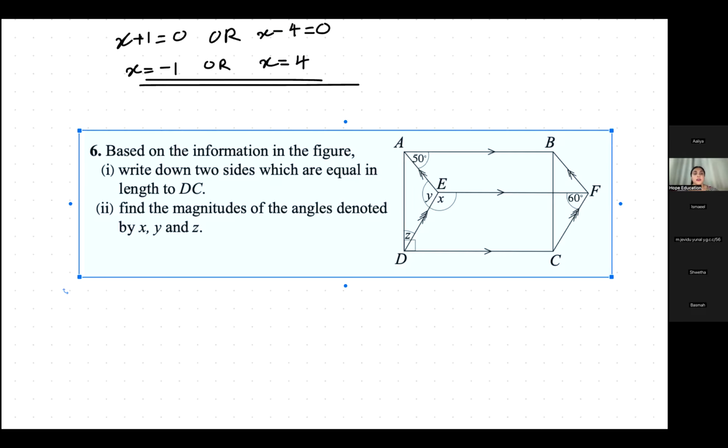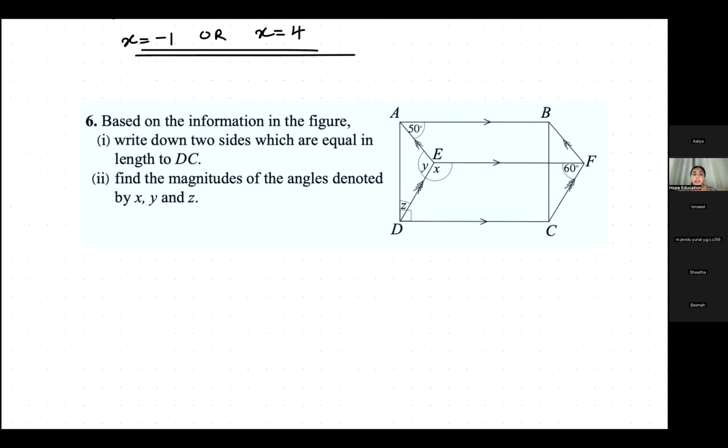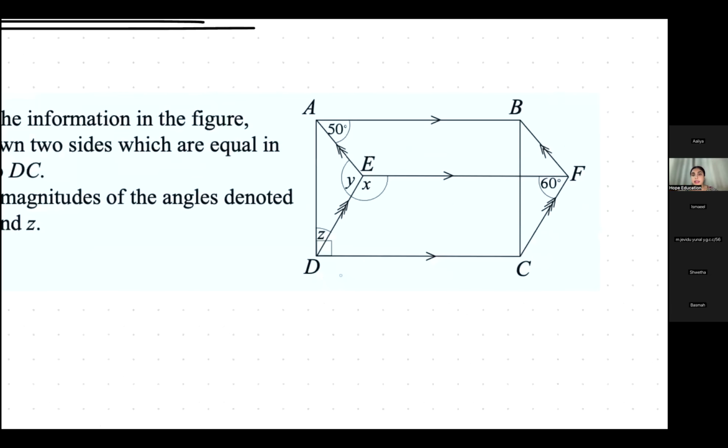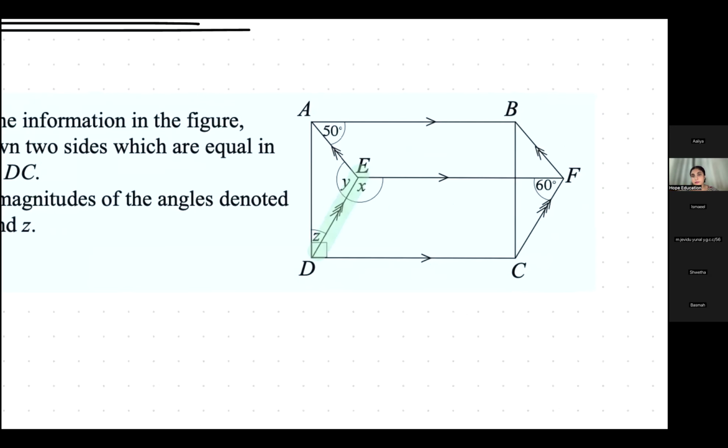Based on the information in the figure, write down two sides which are equal in length to DC. So this is DC. If you look at DC, here this is one parallelogram, right?